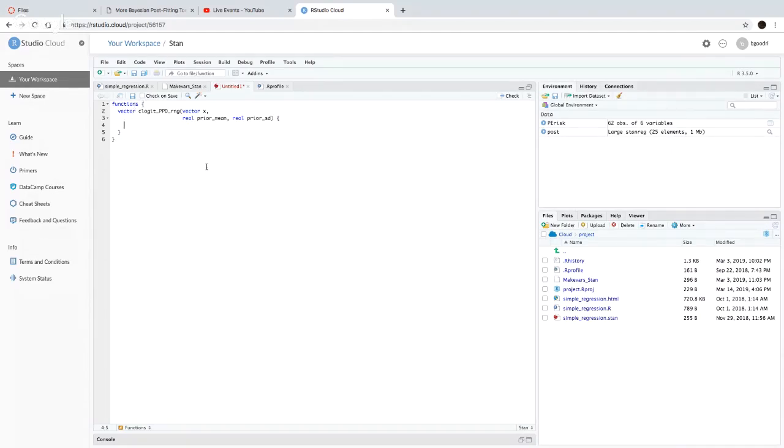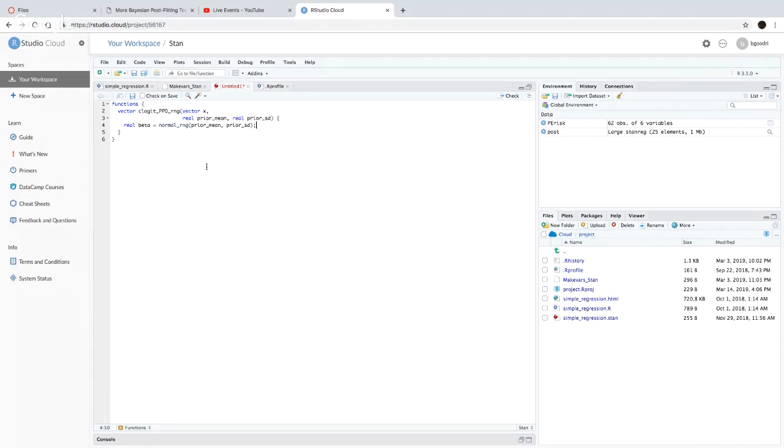Okay, so let's get it started. We can draw a coefficient from a normal distribution with mean equal to prior mean, standard deviation equal to prior standard deviation. One thing that I meant to say, but I'm not sure I ever said, is that in Stan you can't specify any arguments by name.